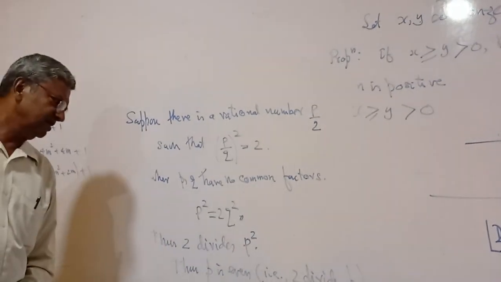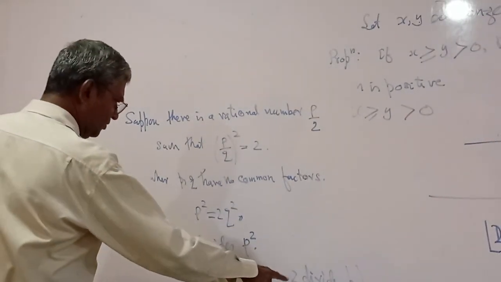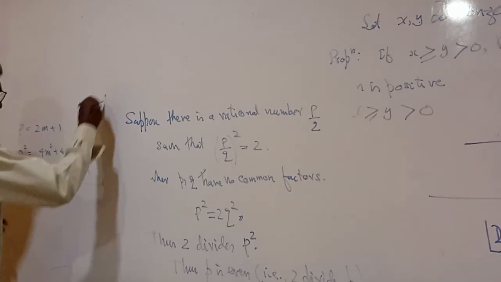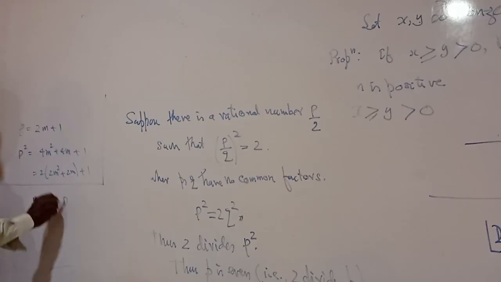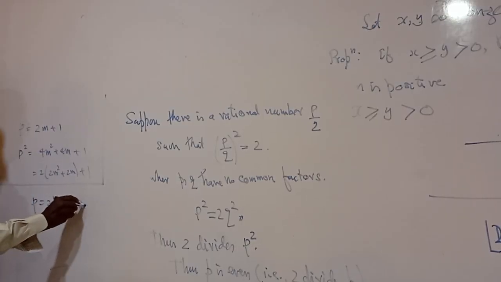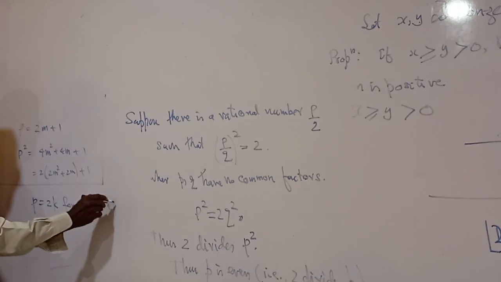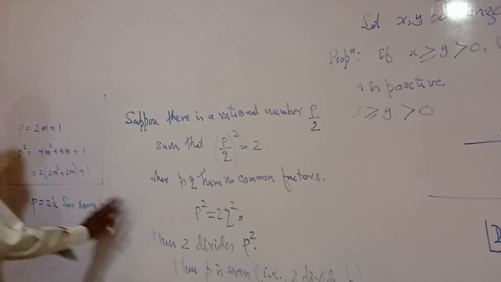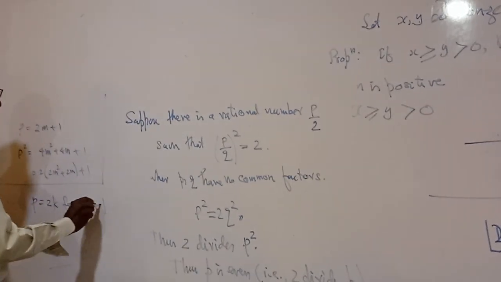Then P is even, therefore 2 divides P. So P is equal to 2k for some integer k.